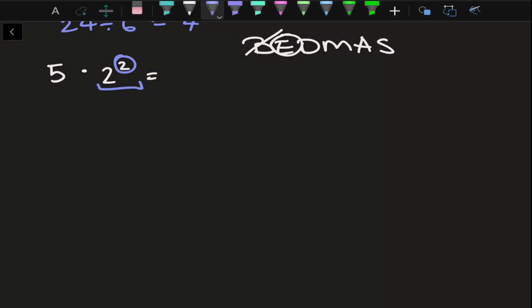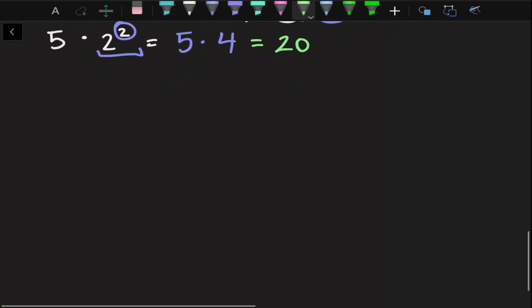So this is going to be looking like 5 times 2 squared. 2 squared is 4. And now no division. Have some multiplication left. So that means that my answer is just 5 times 4, which is 20. Okay, one more example here.